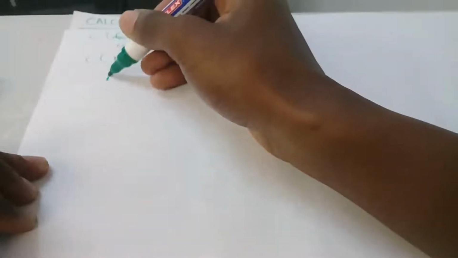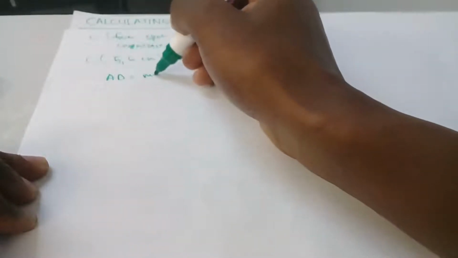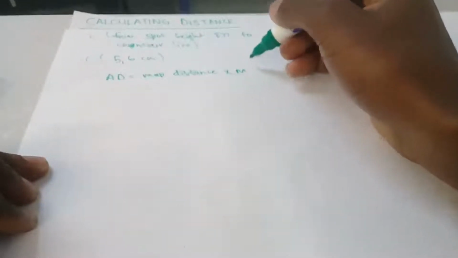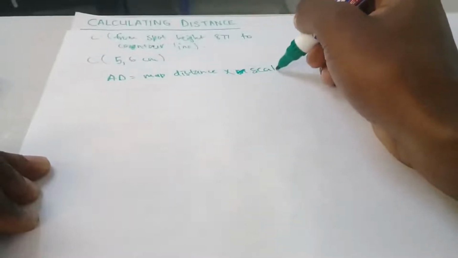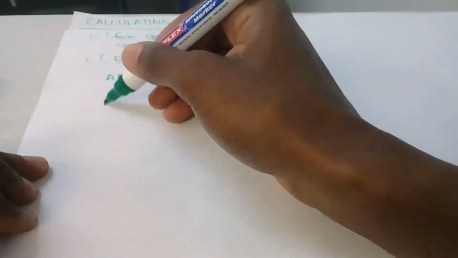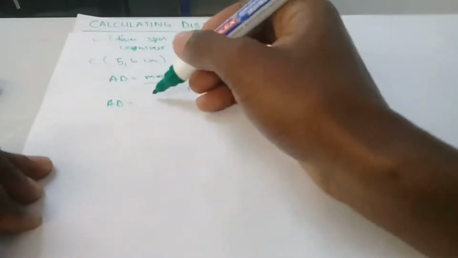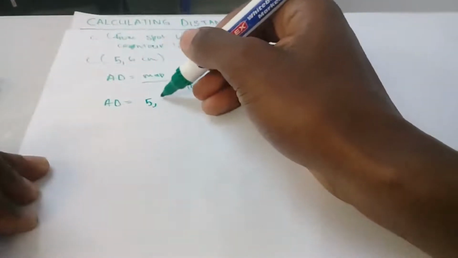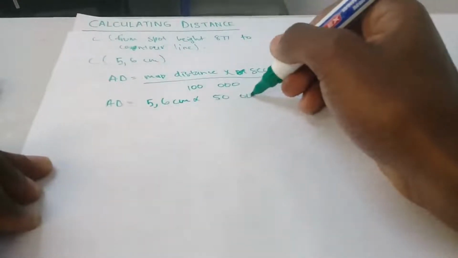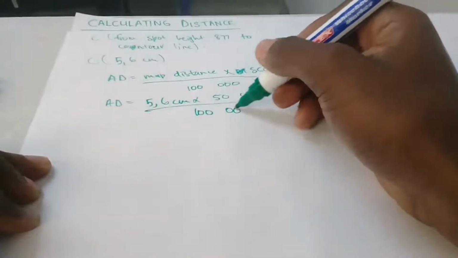So actual distance is equal to map distance, the distance that you have measured using your ruler, multiplied by map scale over 100,000. So your actual distance equals the map distance, 5.6 centimeters, multiplied by 50,000 centimeters over 100,000.